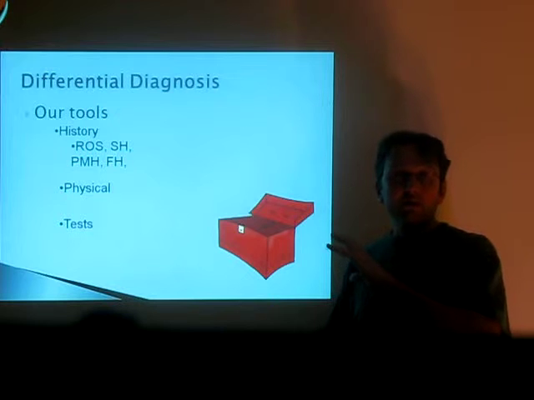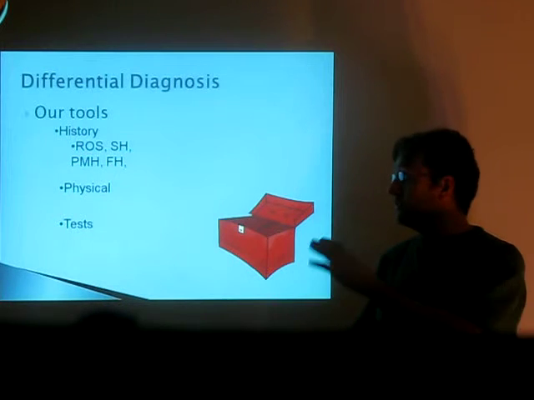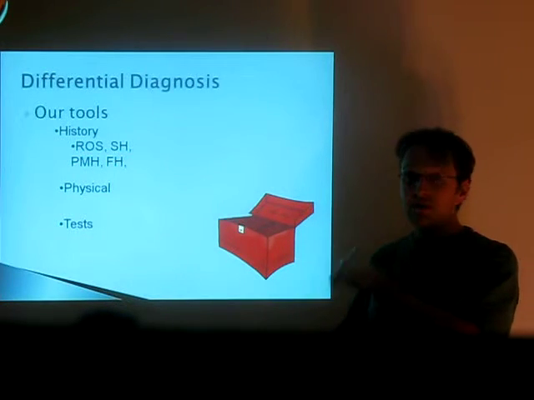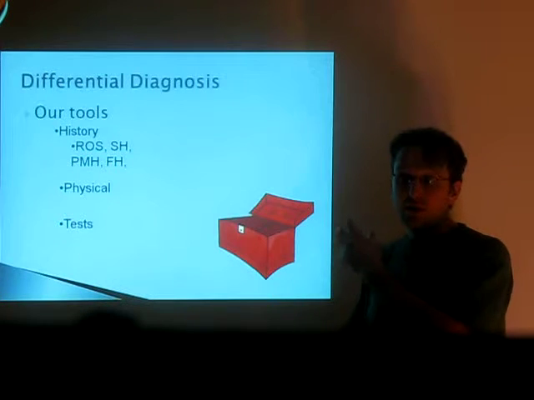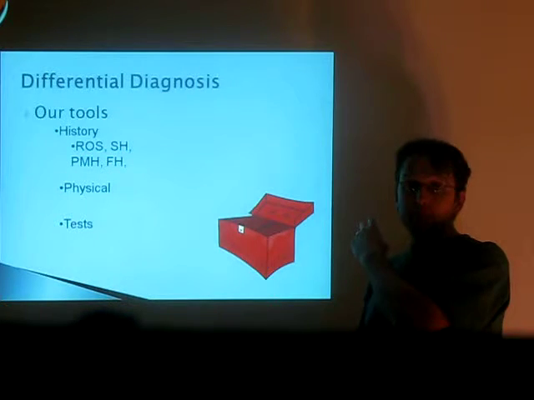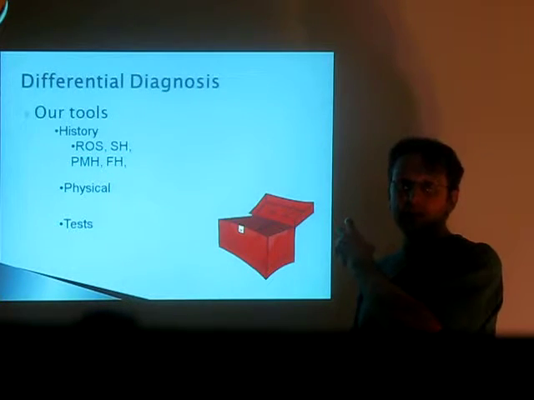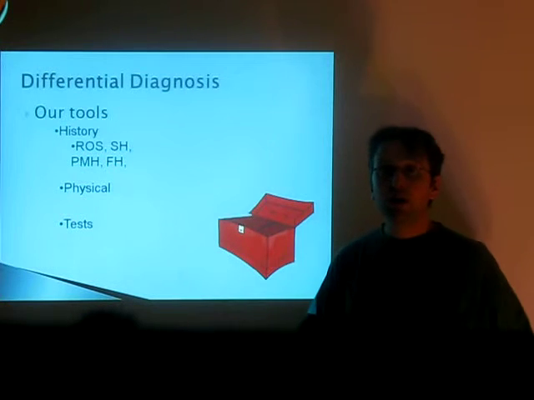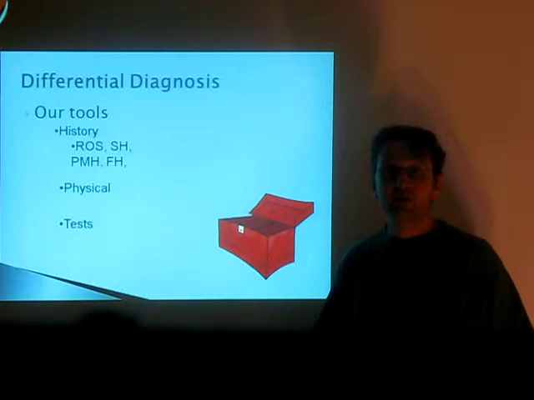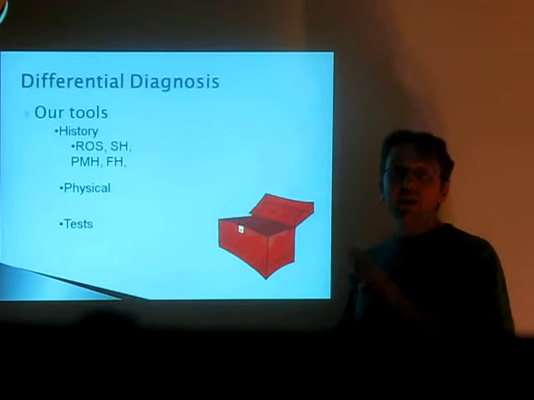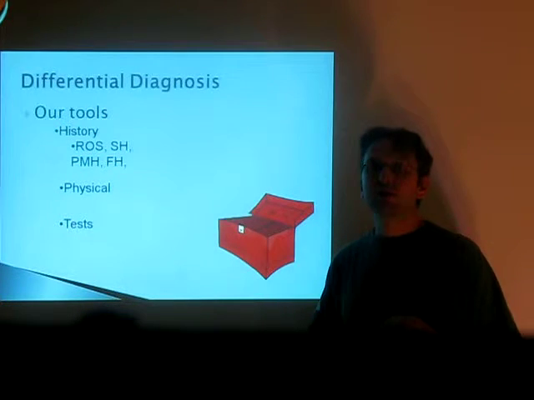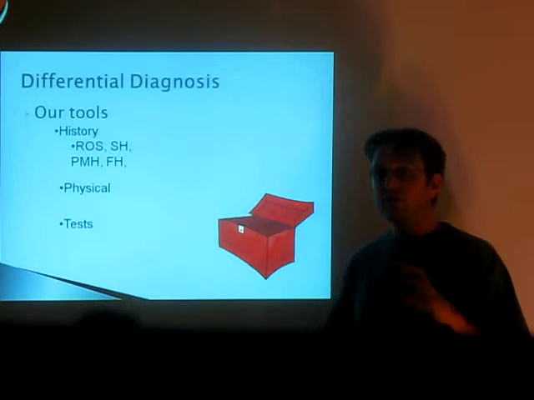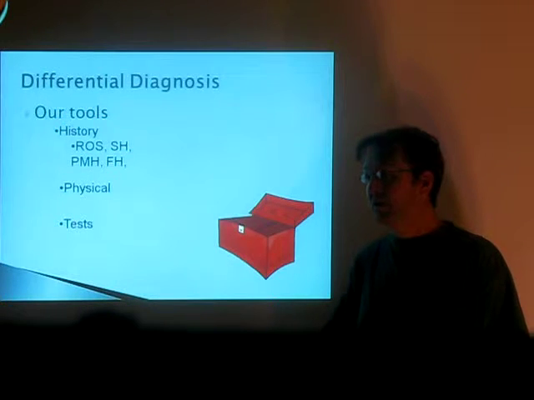And we don't use all these to rule out every disease. For some diseases, there's no tests. It's only found on physical. For other things, you might only do a test if the history and physical suggest the diagnosis. And more than half the time, history will be the only tool we use to rule out some serious diagnosis. And that's really where it comes into you as a scribe.